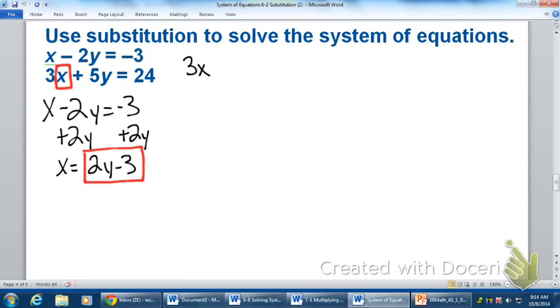I'm going to substitute my value, what I found for x. So I got 2y minus 3. So I'm going to substitute that in for x. 2y minus 3. Okay? And just write the equation just like it is. I just substituted it, right?